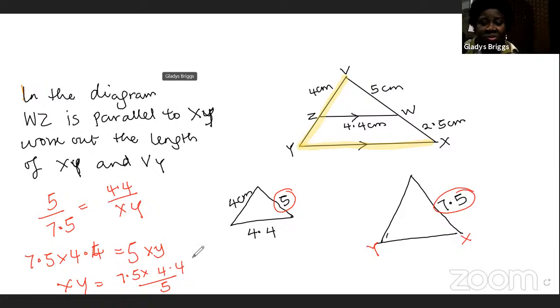Yeah? Or maybe you typed that in wrong. So XY is 6.6. Now you've got XY, you've got this one and this one. You can use these two or these two. What's this one? VY. So you can find VY now.